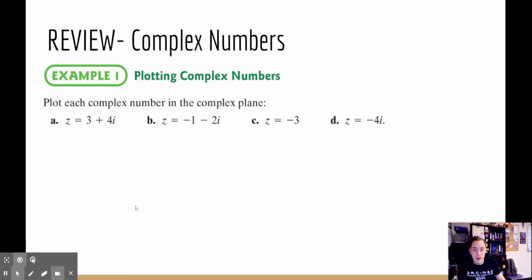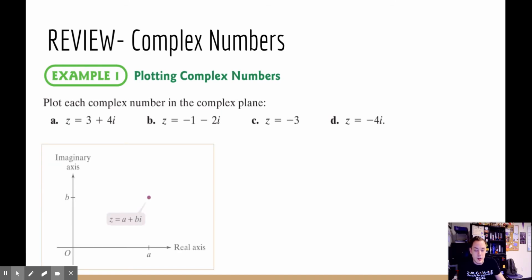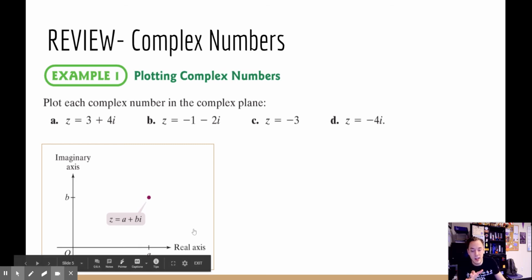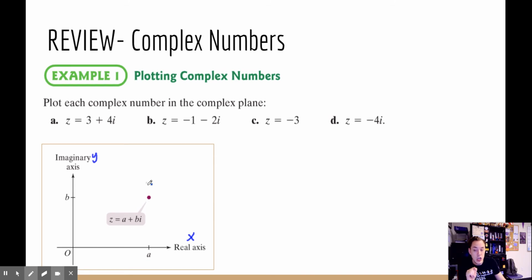All right, now plotting complex numbers. Remember, this is review. When we plot complex numbers, I have a real axis, which is the same thing as saying my x-axis. And then my imaginary axis is technically my y-axis. So if I have something like this, what that means, guys, is that I just move a units and then up b units.